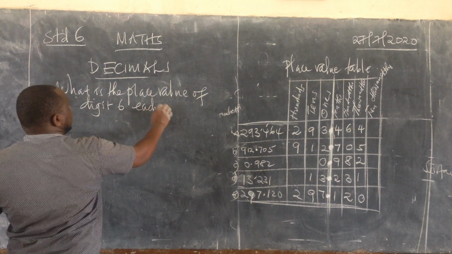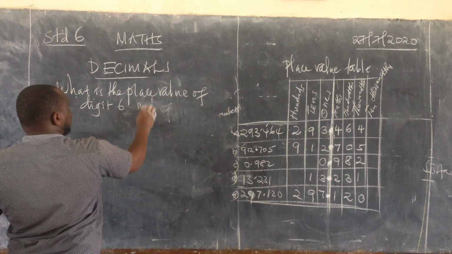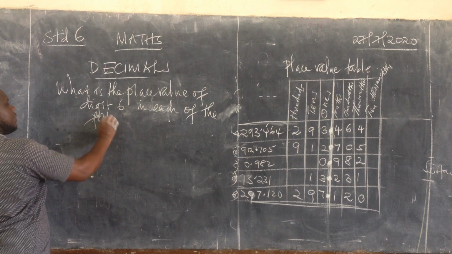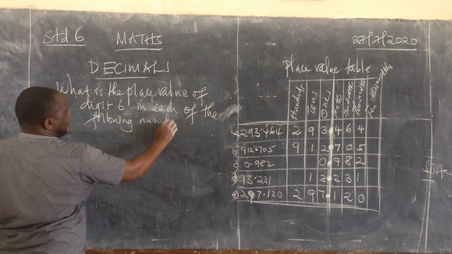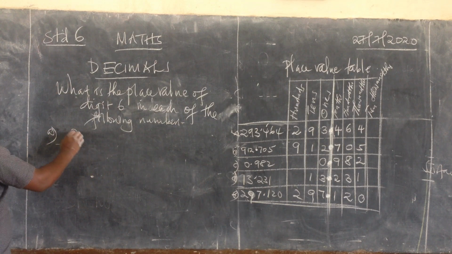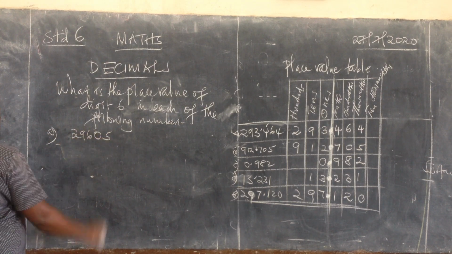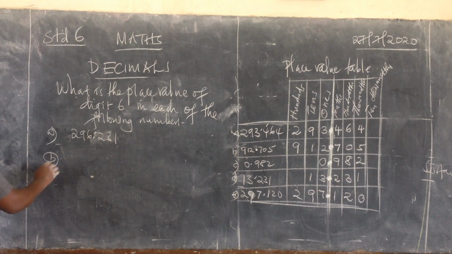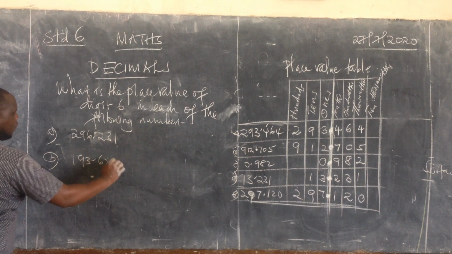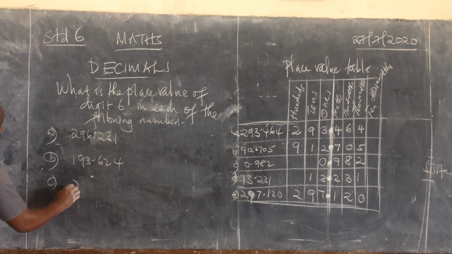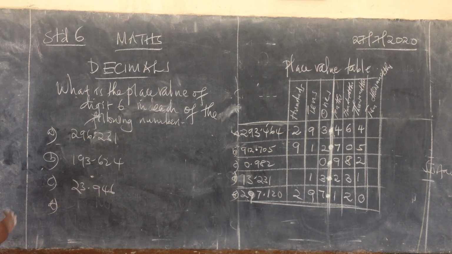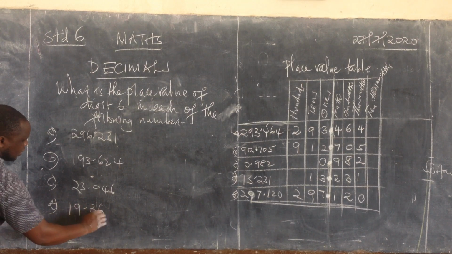You can be given a number A, 296.05, B, 296.231, can be given C, 193.624, can also be given D, 23.946, E can also be given 19.361.